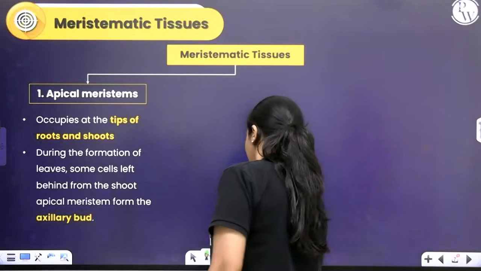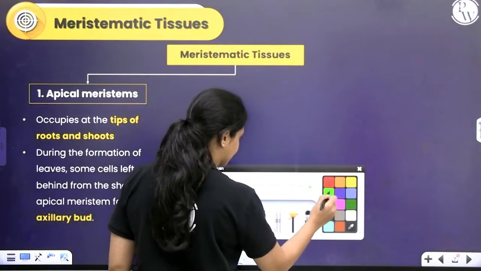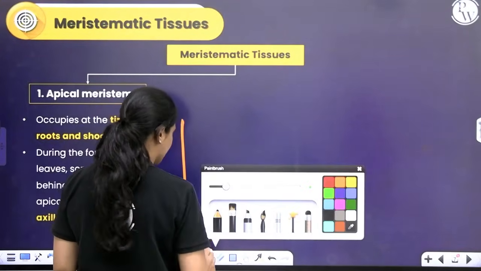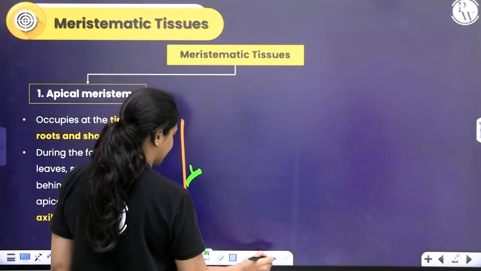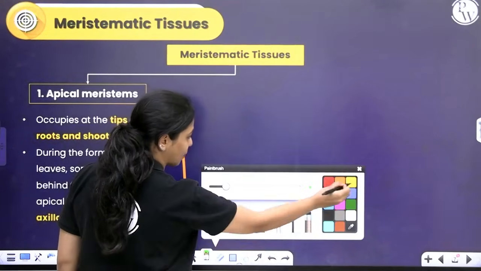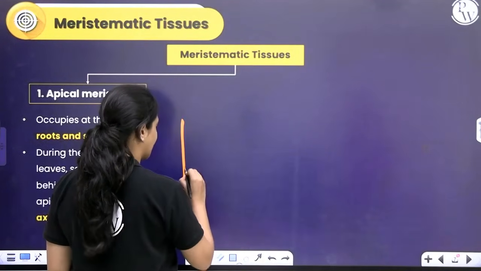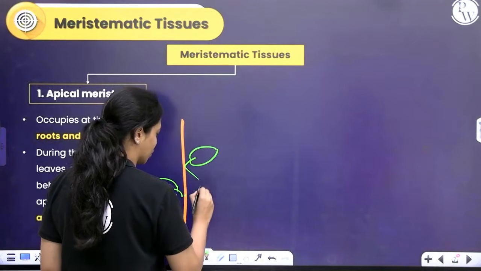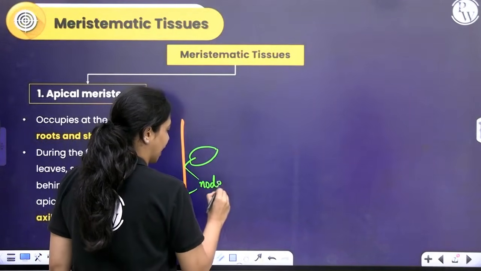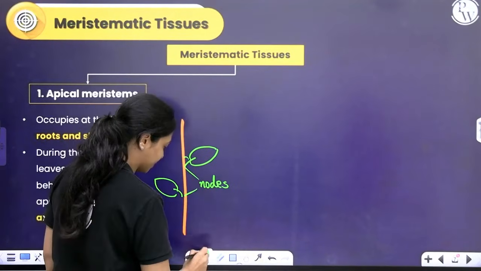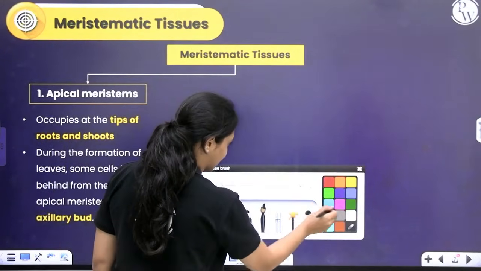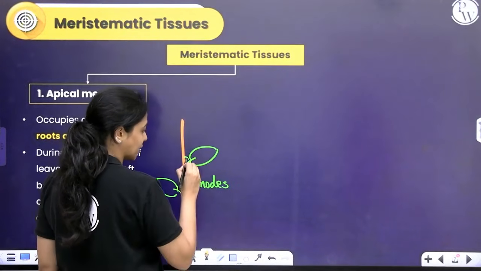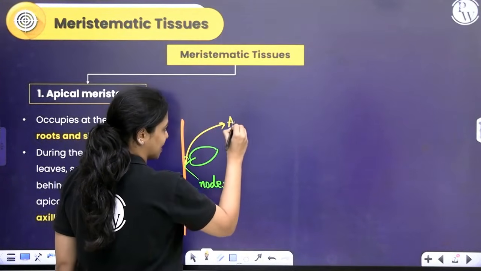We've already learned in our previous lecture that if you think of this as a stem, the leaves will arise at specific points on the stem, specific regions of the stem, which we call nodes. These are the nodes. And at the axil of the stem, the angle between the leaf and the stem, small buds will be present. These are called axillary buds.